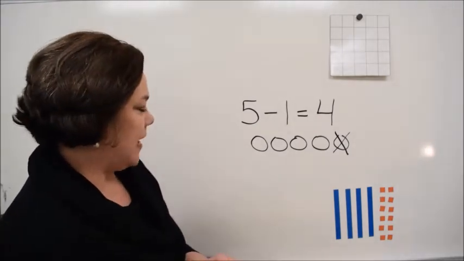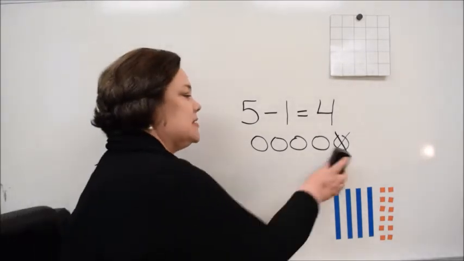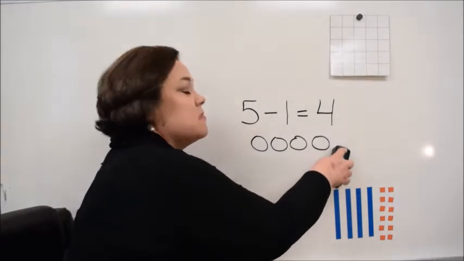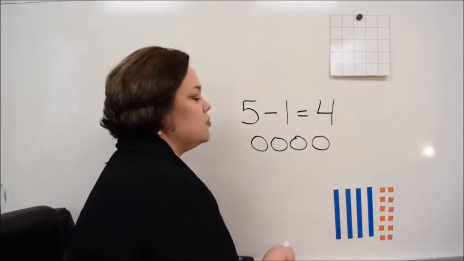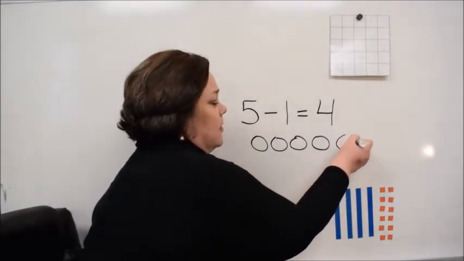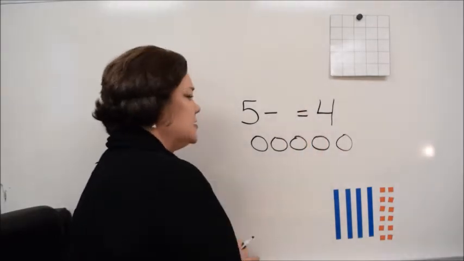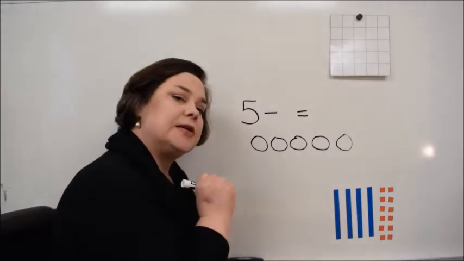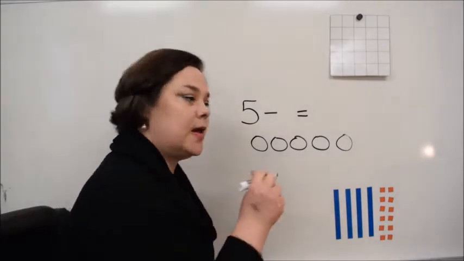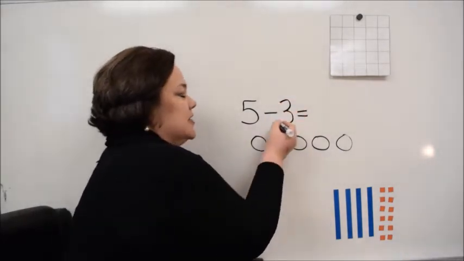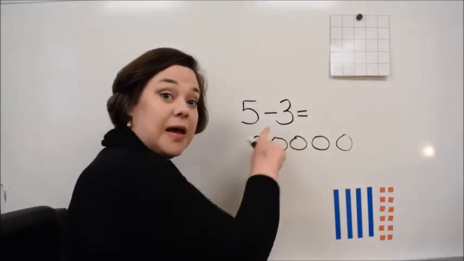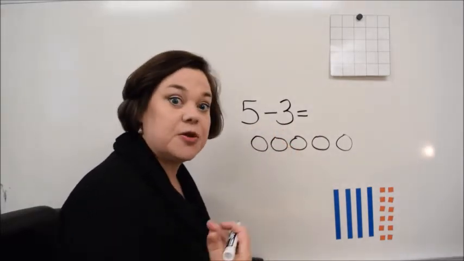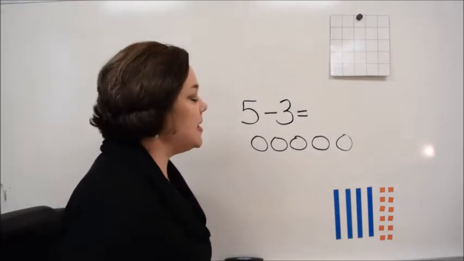Now, what would have happened if instead of eating just one, I was really hungry? And they are pretty little. So if I had 5 and I ate 3 of them, I would say 5 minus 3 because the 3 were now in my tummy.